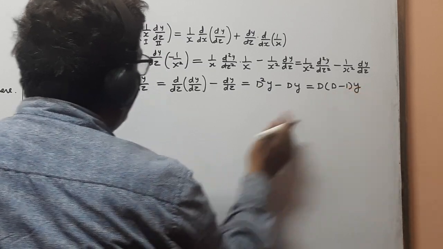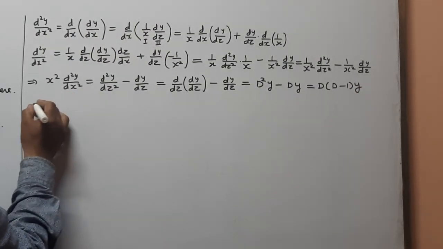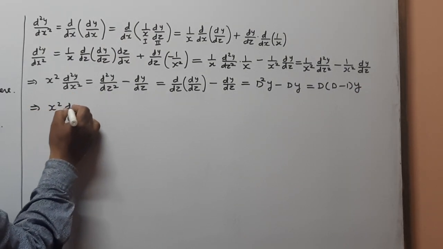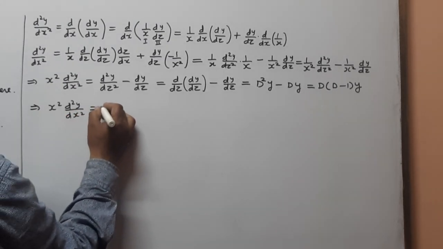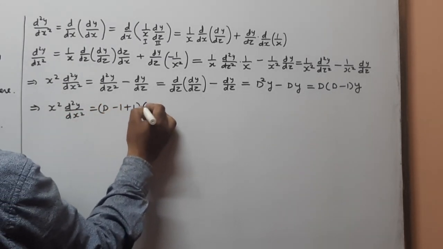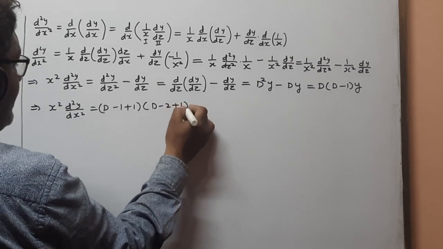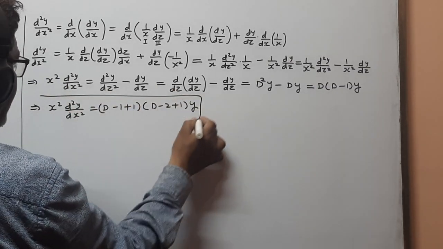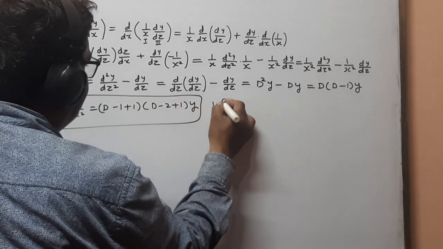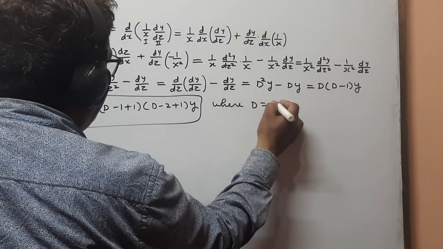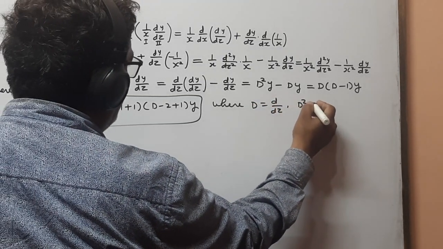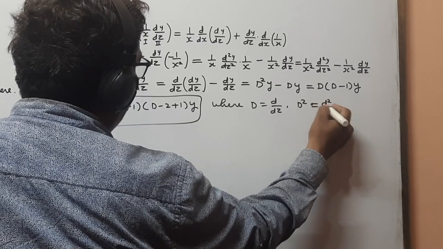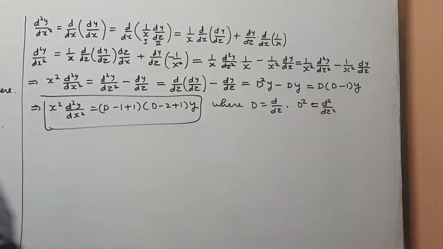So we get D minus 1 y. So we can write here x square d2y by dx2 is equal to D minus 1 plus 1 D minus 2 plus 1 y. Here capital D is equal to d by dz and D2 is equal to d2 by dz2.